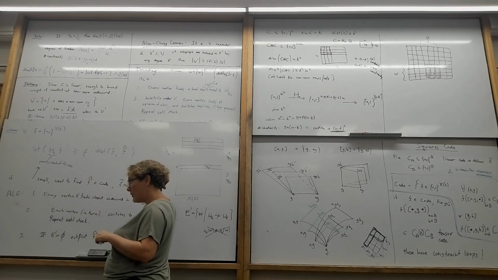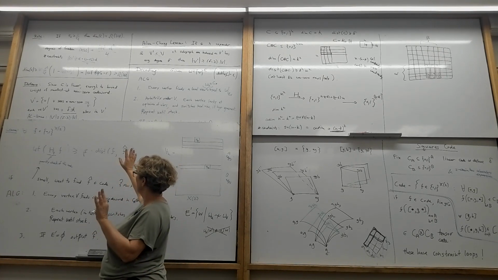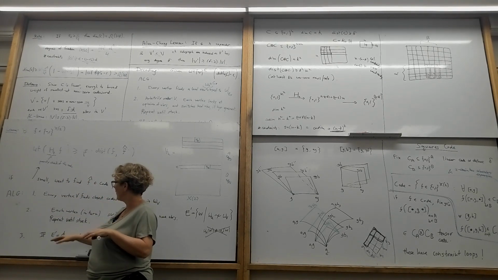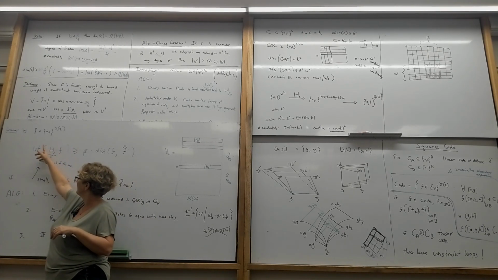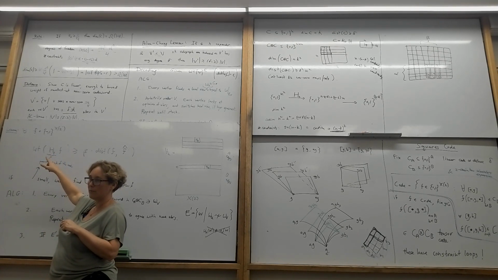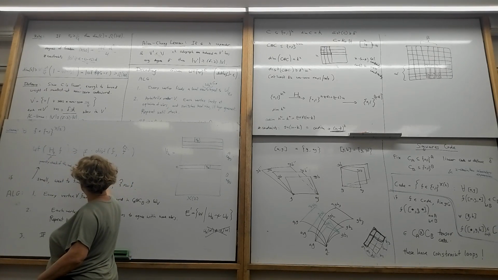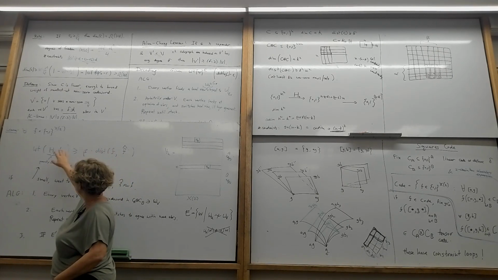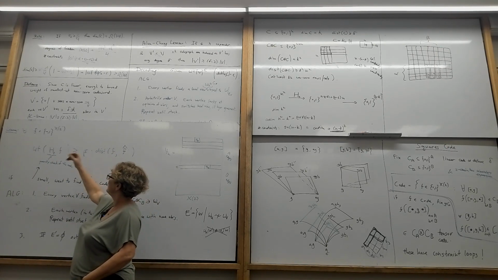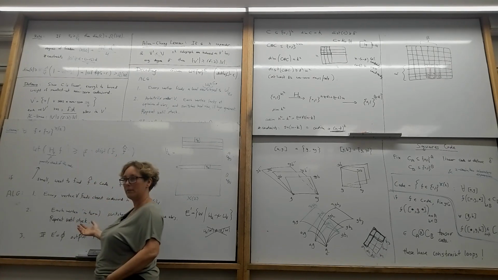There, you had to have the promise that only few errors happened. Here, there's no promise. This will always work. Either you will reach 0, or you know that the weight was very large to begin with. So you're kind of saying either the weight is bigger than beta, in which case this inequality is satisfied because this distance is at most 1, or the weight is smaller than beta, and then you will prove that this algorithm converges.